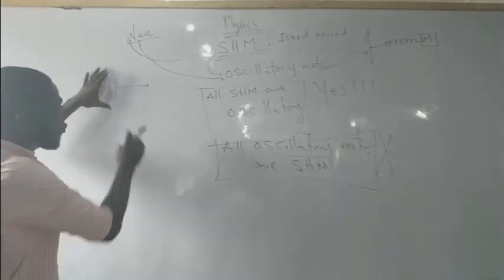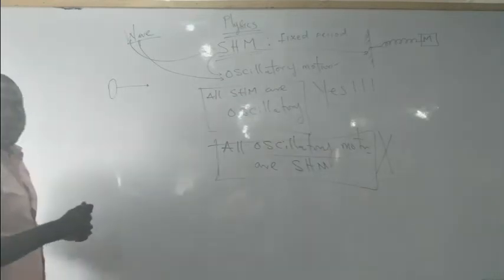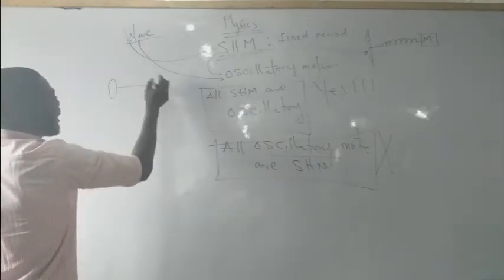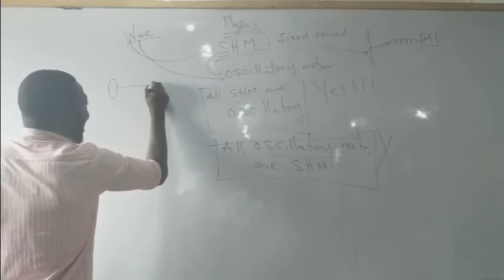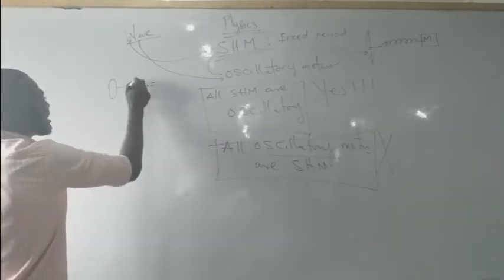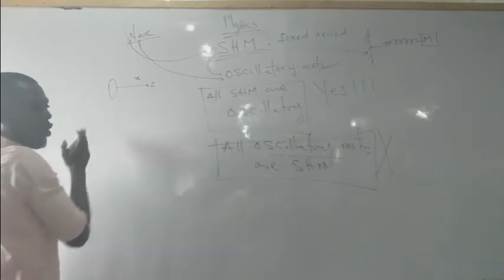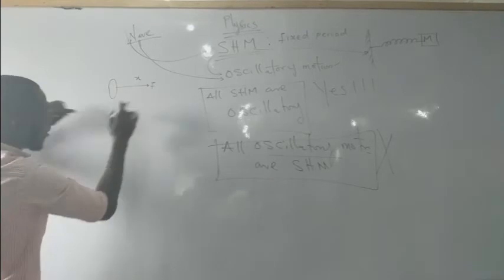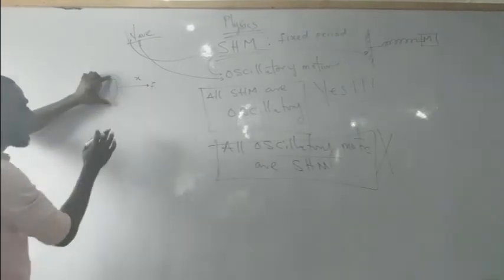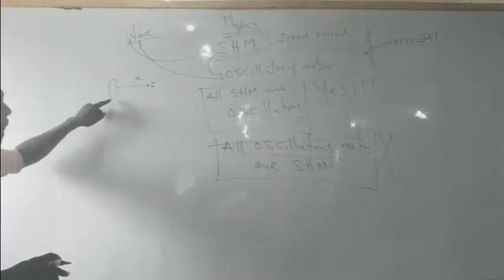So this will be the applied force towards the side, that is F. So we have the extension, that is the displacement from the equilibrium position or the mean position.